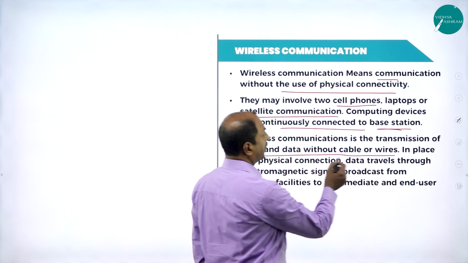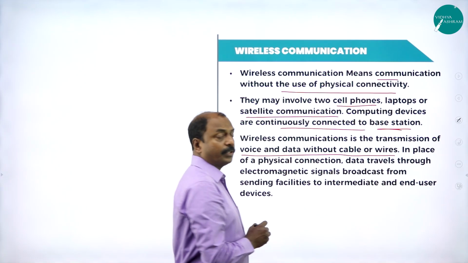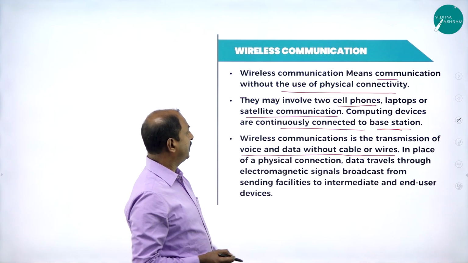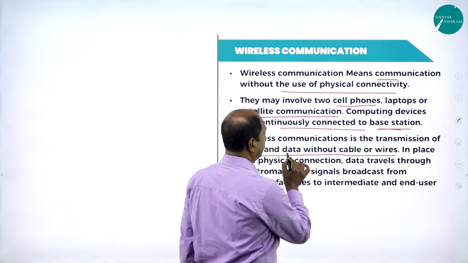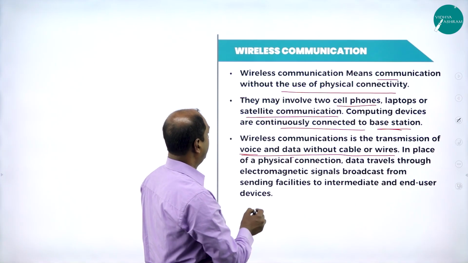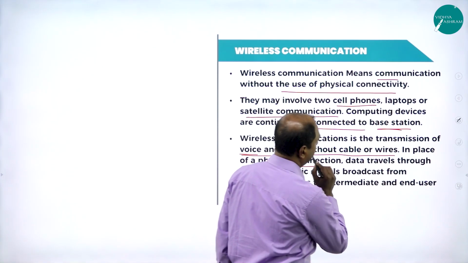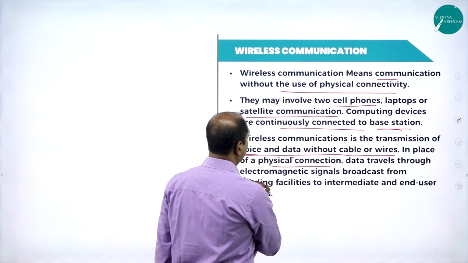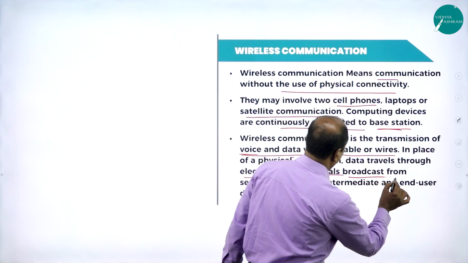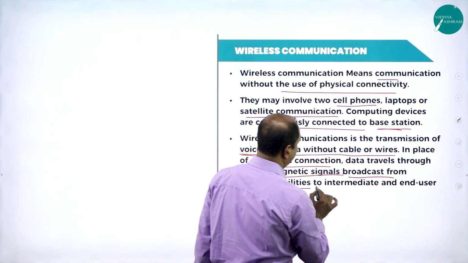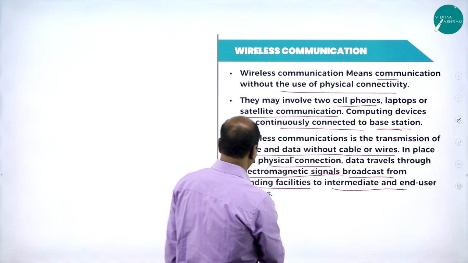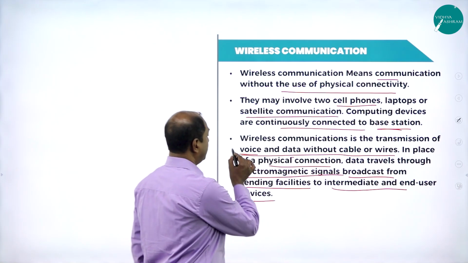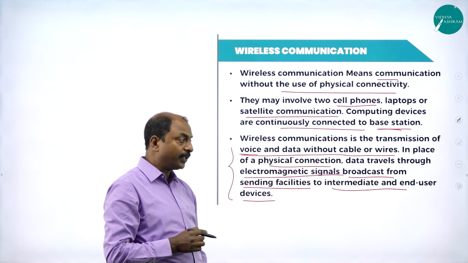So without any cable or wires, we are using this communication for transmission of voice as well as data. And in place of physical connection, data travels through electromagnetic signals broadcast from sending facilities to intermediate and end user devices. So this is how wireless communication works.